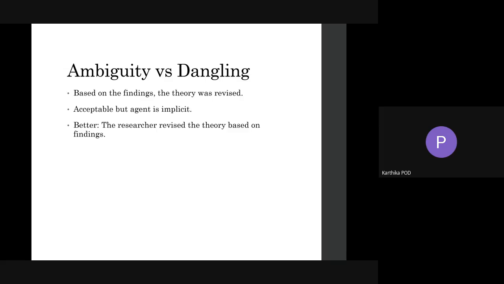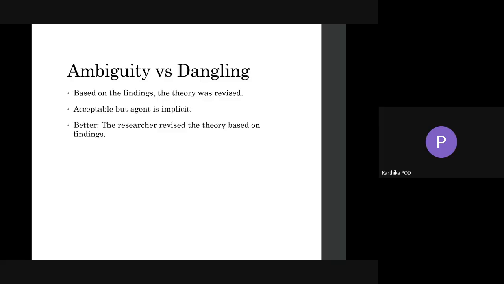And in the next phrase, it's "the theory was revised," right? So in this case, the agent doesn't have to be explicit.